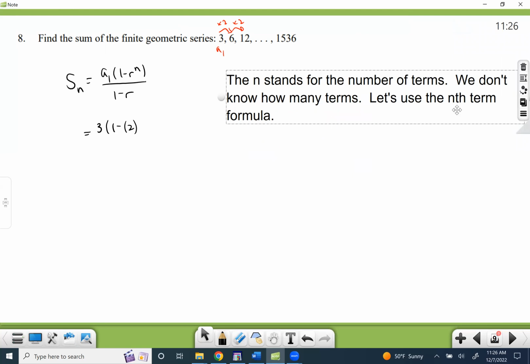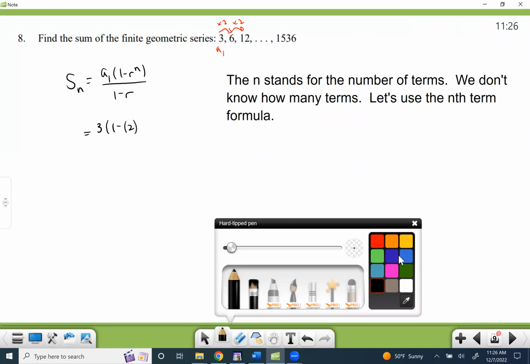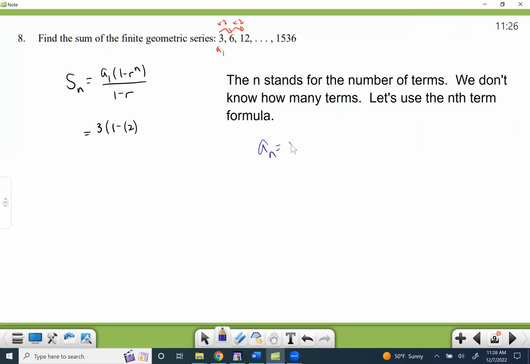Okay, so this is our side work. So off to the side, let's bring this guy back. And this is kind of common, you guys, where you have to use 2 formulas in one. Okay. All right, so I know the nth term. I know it's 1536. I know the first term, and I know the common ratio. I just don't know the n.